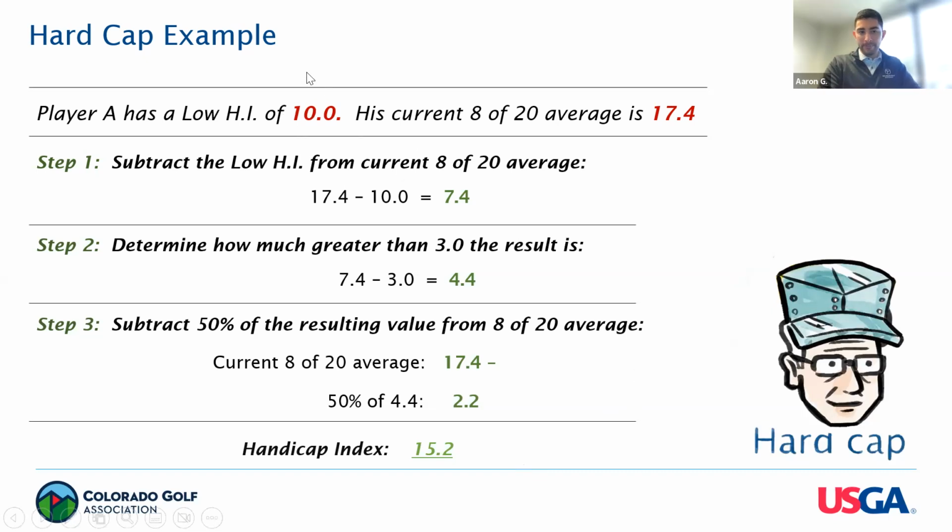Because the golfer has a low handicap index of 10. So a current handicap index cannot go higher than 5 strokes over this number. After the handicap index goes through the soft cap procedure, it's still 0.2 of a point higher. So instead of a 15.2 handicap, the system will hard cap this golfer at 15.0.